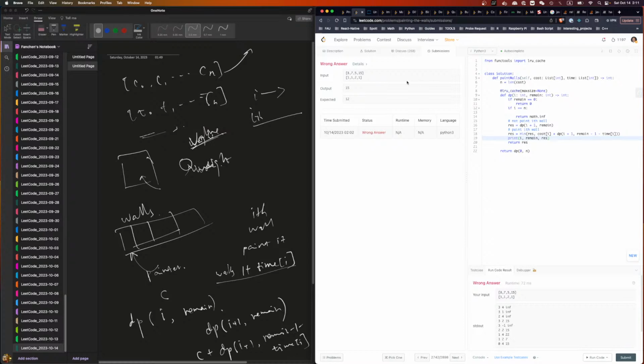I'm at 3, right? 0, 1, 2, 3. So I either do that or I do 15 plus this. Smaller equal to 0. Okay.